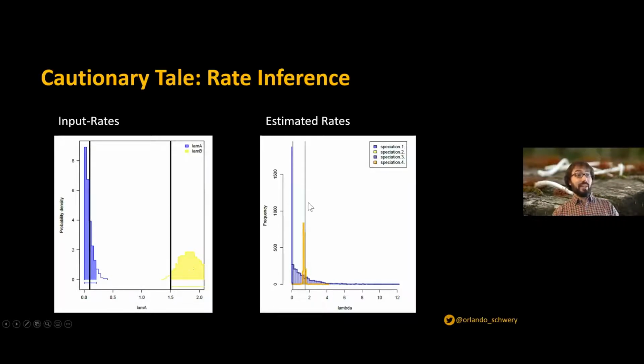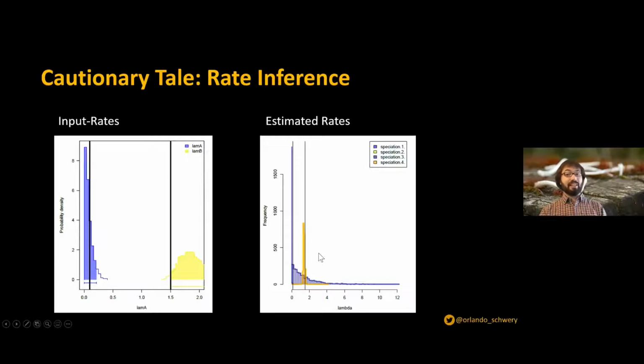Now, if we estimated these, we do get peaks where we expected the peaks at the same rates, but for some reason, the analysis couldn't really figure out the limits of the lower rate and inferred this whole rate gradient here.